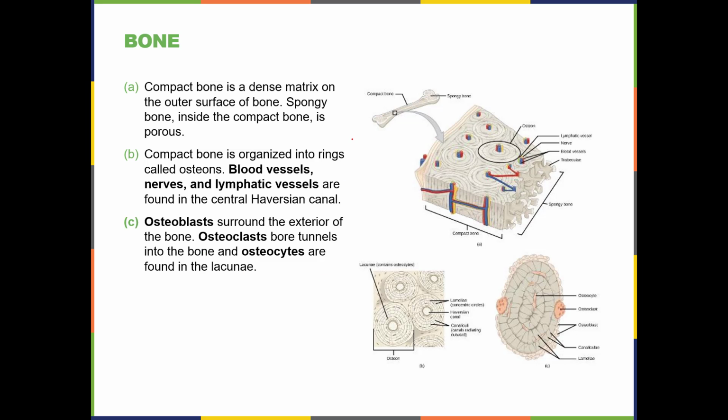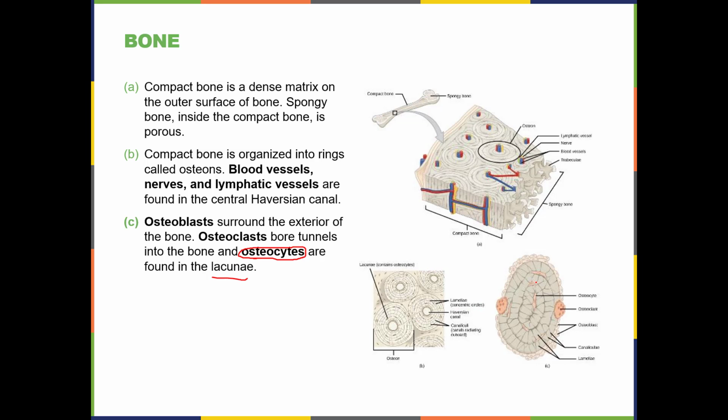Bone. Bone is similar to cartilage. You have the cells, ultimately the osteocytes, are found in lacunae, which are those little spaces, and they're surrounded by the material that we call bone. So let me see in this picture.